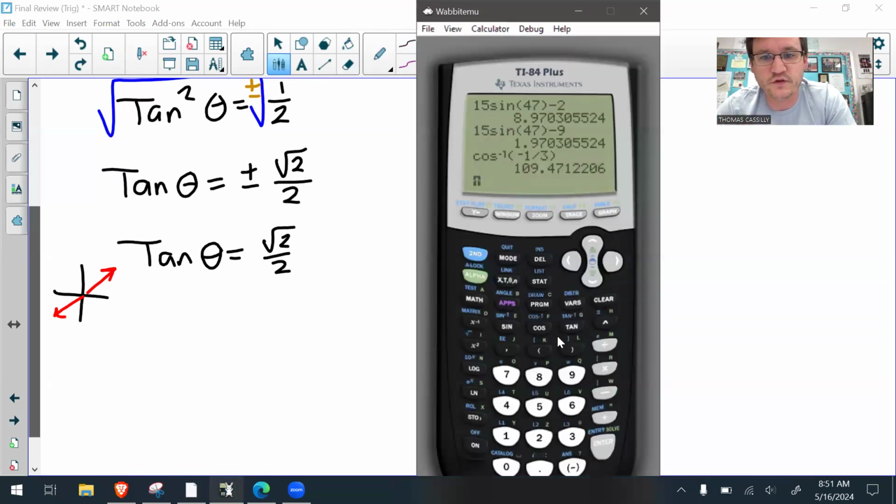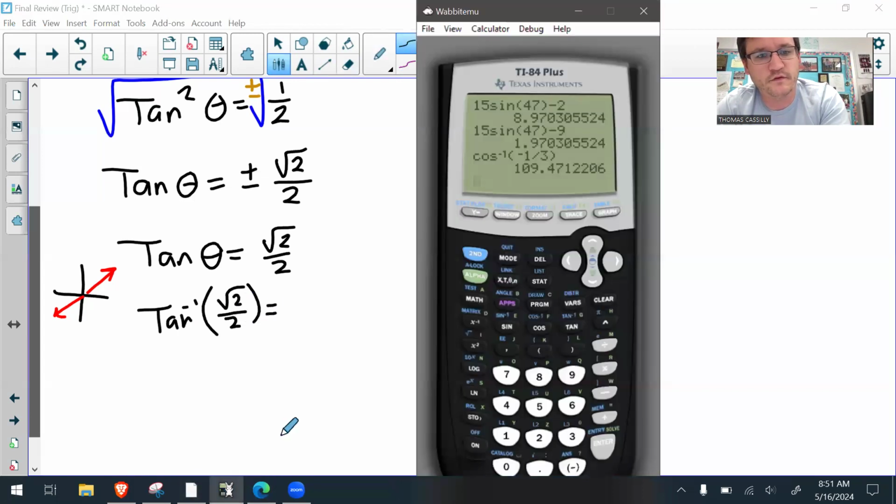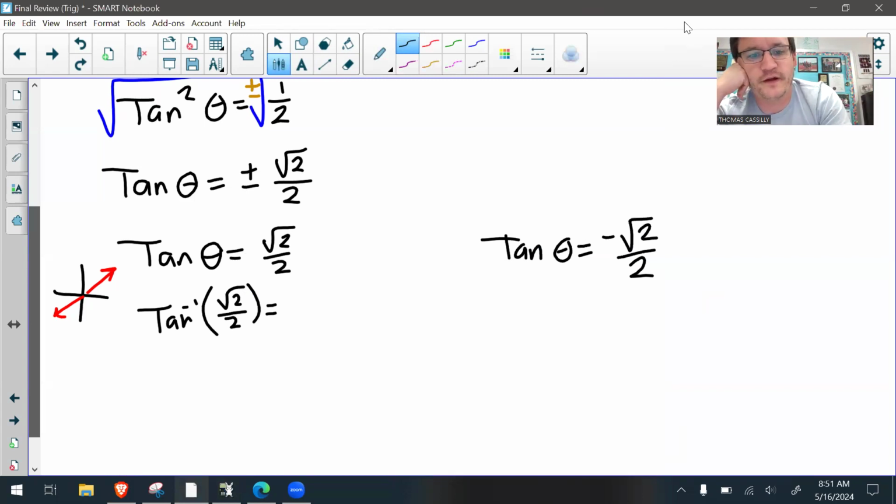The inverse tangent, I guess I should write that down. The inverse tangent on both of these, let's see what that gives us. It's 35.2. I'm going to call it 35.